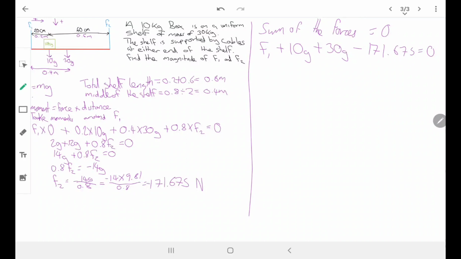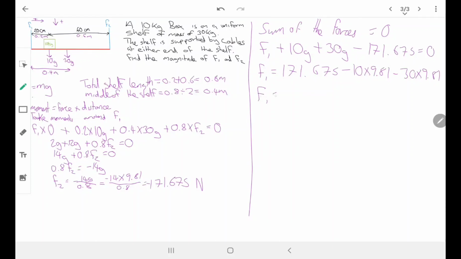Well, what does F1 equal? Well, F1 is, we're going to chuck everything the other side, so 171.675 minus 10 times 9.81 minus 30 times 9.81. So that's minus 10g minus 30g.